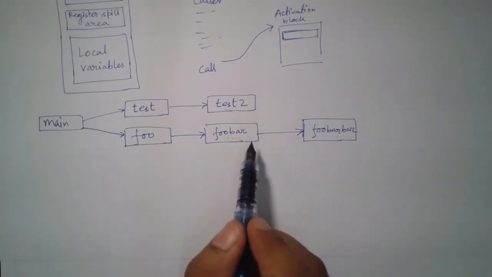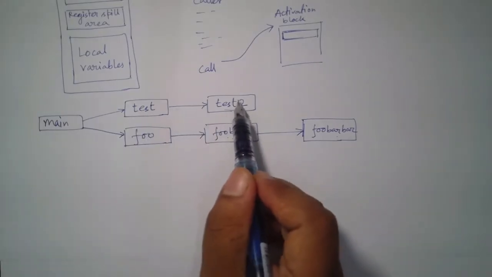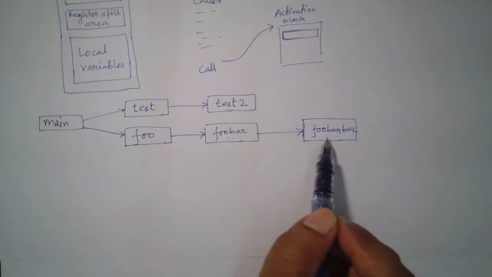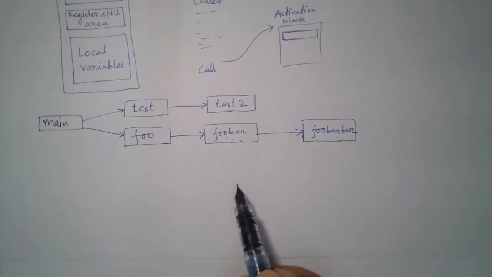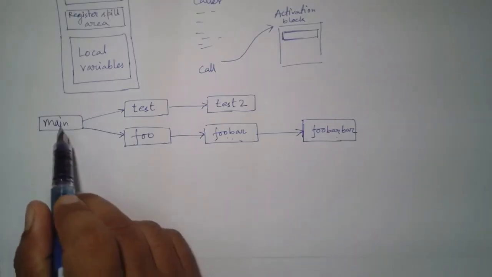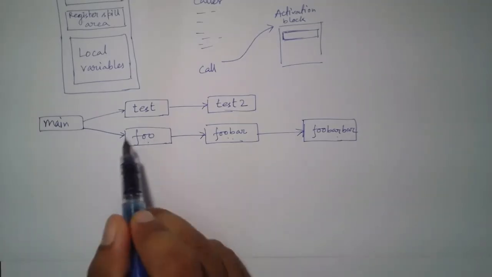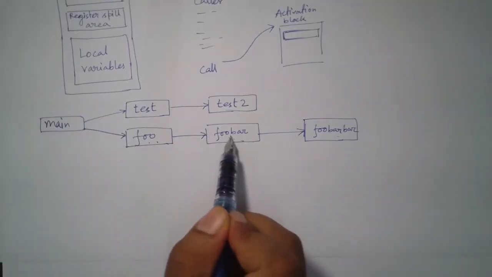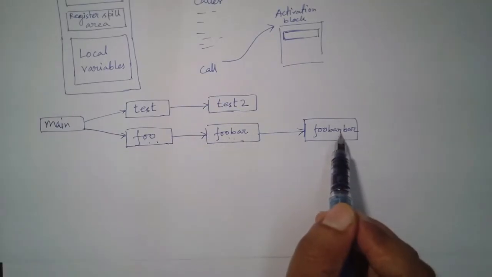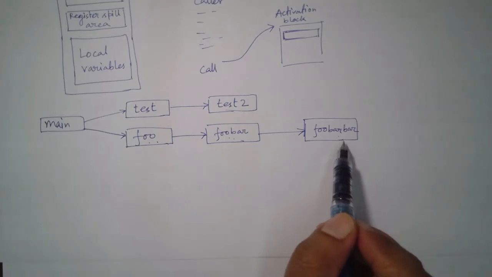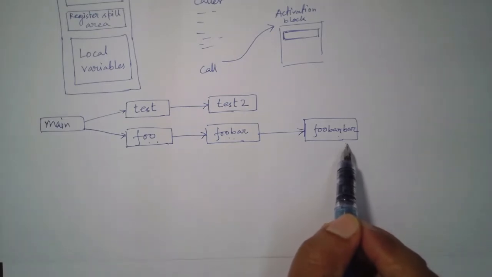Now, remember that every time I call a function, I have to have this activation block associated with that function. And if we look closely, the pattern here is that whenever I go to this function, I will create an activation block for this. Then when I go to this function, I will create another activation block, and when I go to this function, I will create another activation block for this. So, this is the activation block for the function which will be created latest, right.